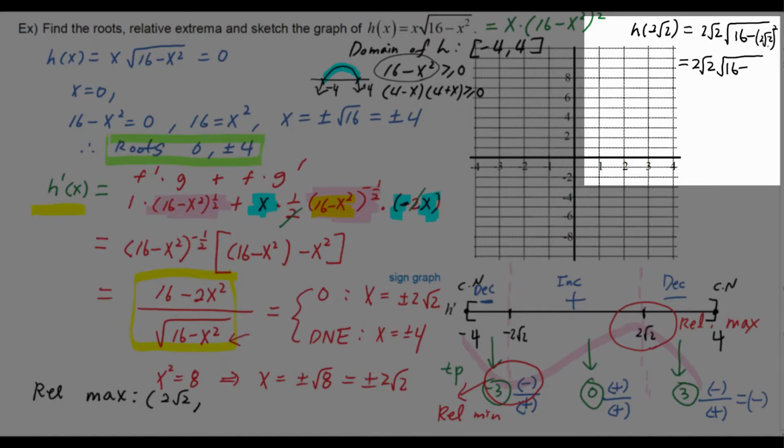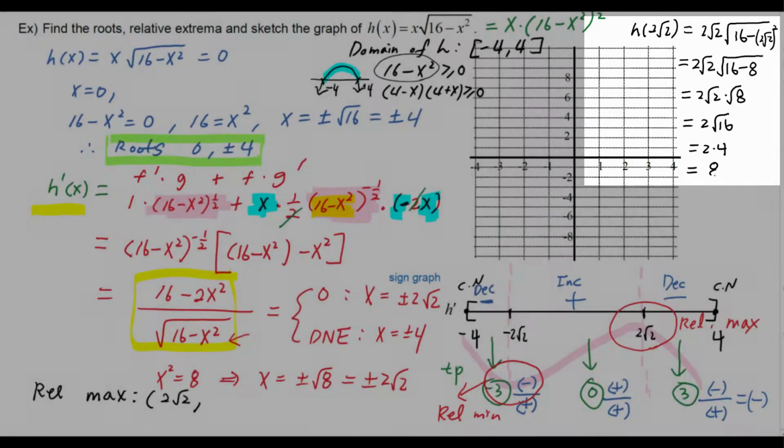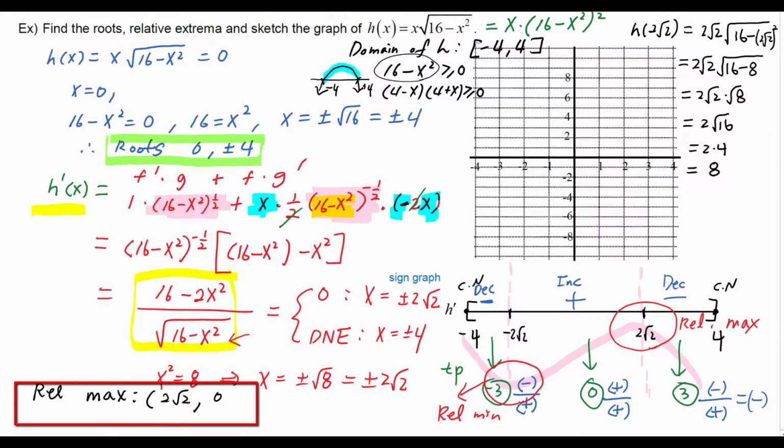When I square the radical 2, I get 2. 4 times 2 is 8. So I get 2 radical 2 times radical 8, which is equal to 2 times radical 16, which is 2 times 4. So I get 8. So here is my relative maximum. It is 2 radical 2 comma 8.